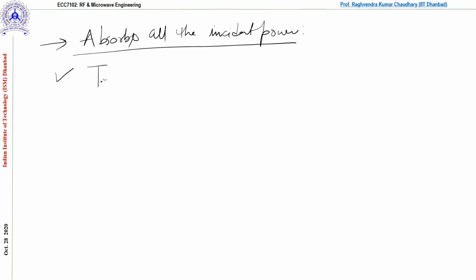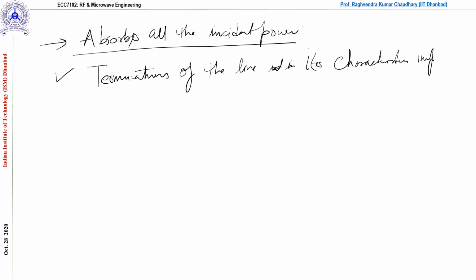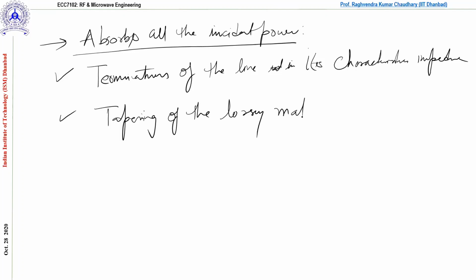First, the termination of the line in its characteristic impedance. Second, tapering of the lossy material minimizes the reflection.